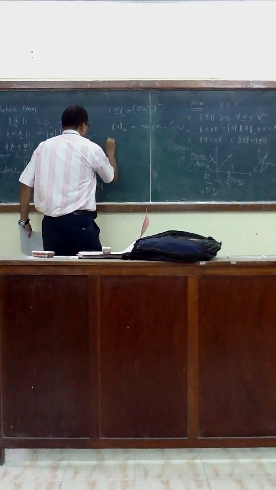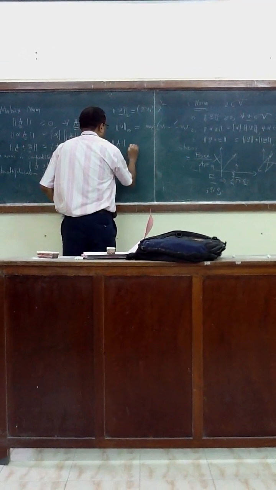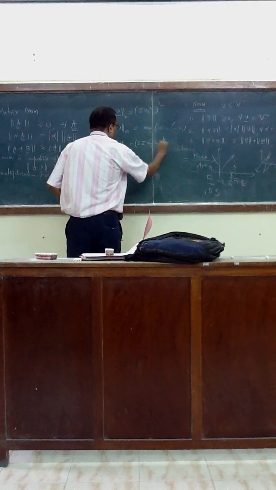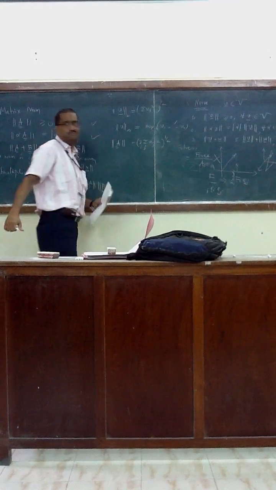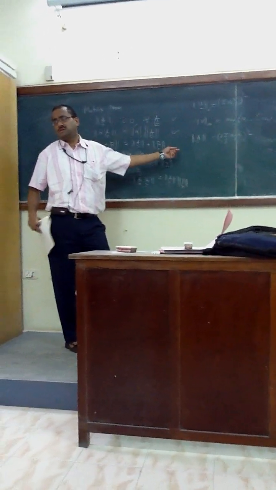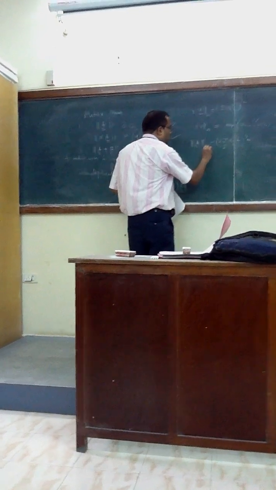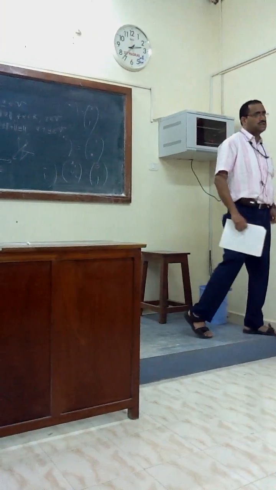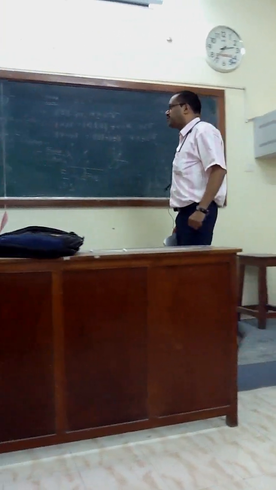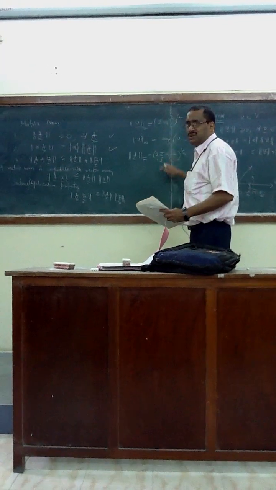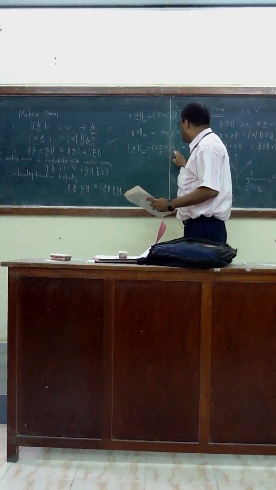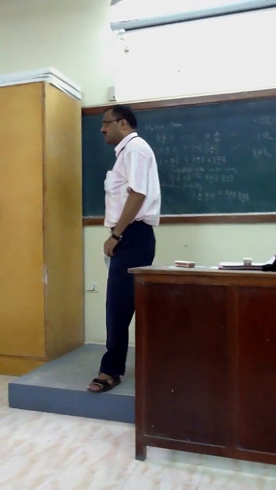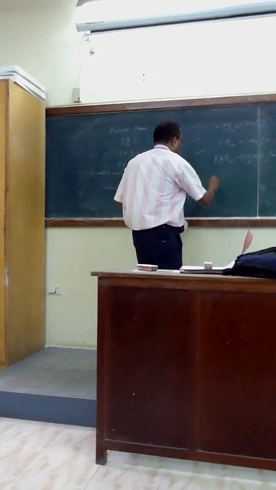Similarly, for a matrix, we can define summation aij square, whole to the power half, sum over i and sum over j. This type of norm is called the Frobenius norm, F-R-O-B-E-N-I-U-S. You take all the entries aij, square them, sum them, and take the root.